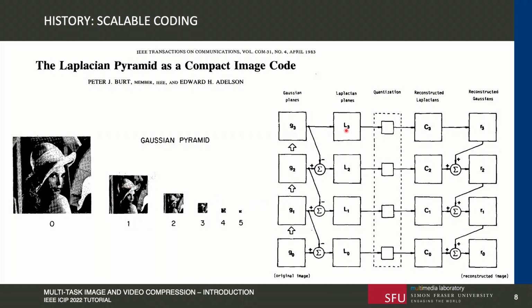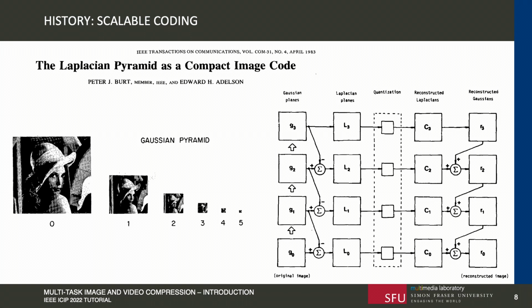So these Laplacian planes are then quantized and encoded. At the decoder, depending on how many Laplacian planes you decode and reconstruct, you can obtain the decoded image at a given resolution, one of those that existed in the original Gaussian pyramid.